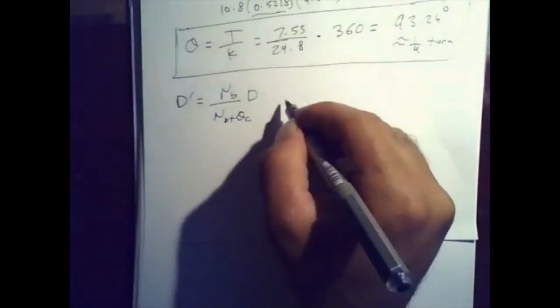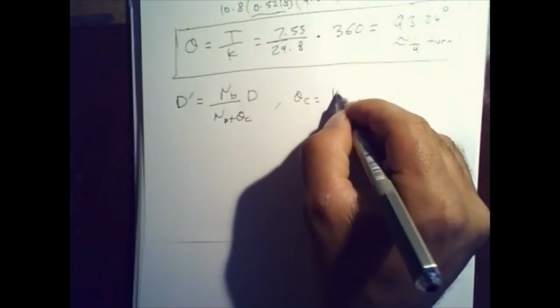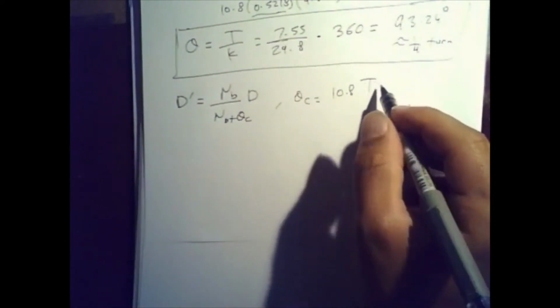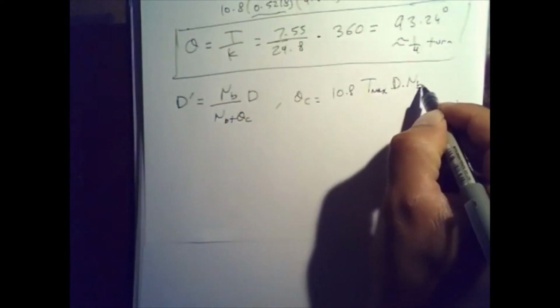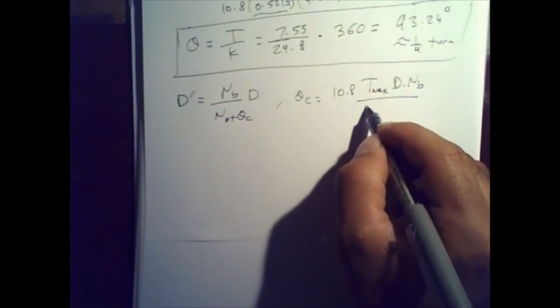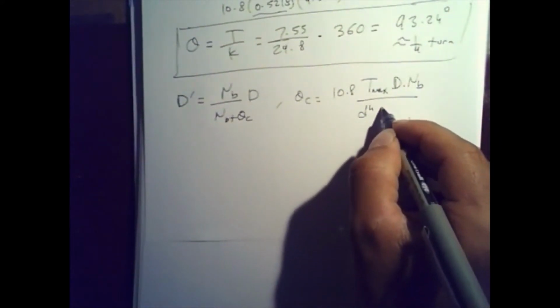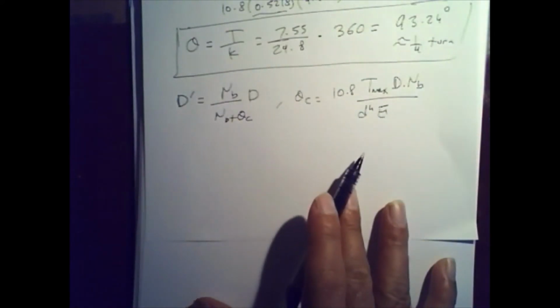We need to get theta C, so theta C is going to be equal to 10.8, the maximum torque, right, times D times NB. Here it's NB, not NA, right, because we're only looking at the deflection of the coil itself, right?